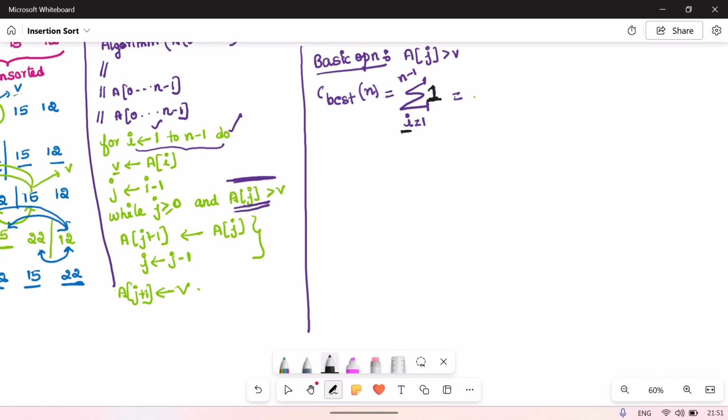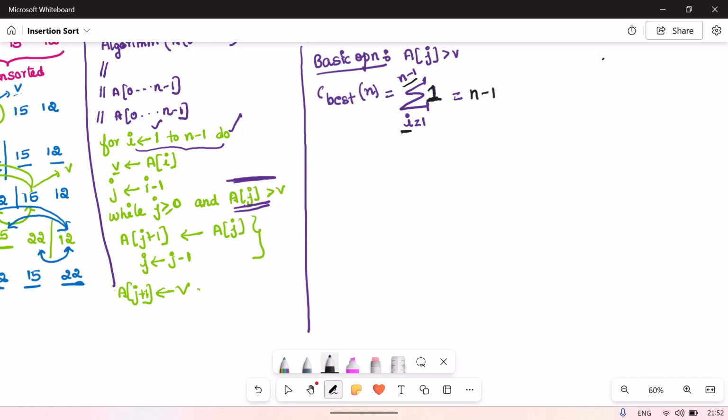So the formula is like this. If the element on which the summation has to be applied is not found in the term, then it will be upper limit minus lower limit plus 1. See, the upper limit is n minus 1. N minus 1. Let me write neatly.